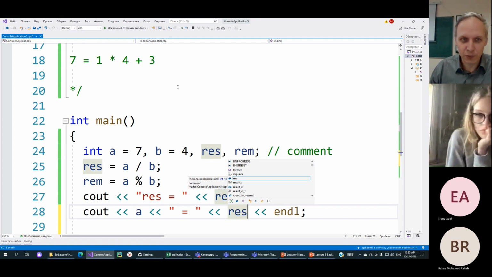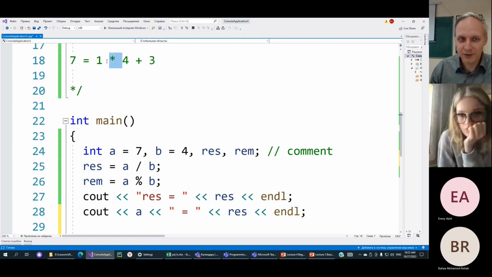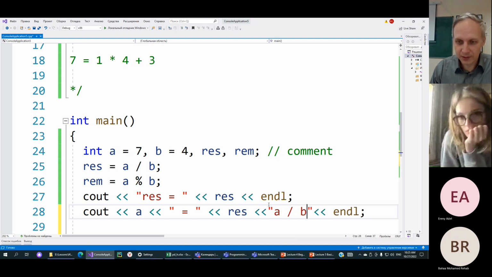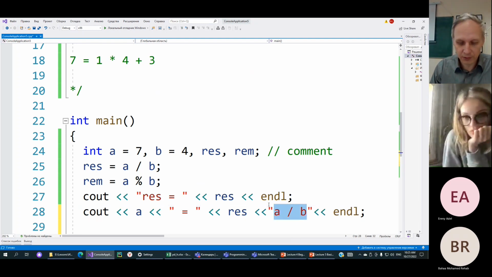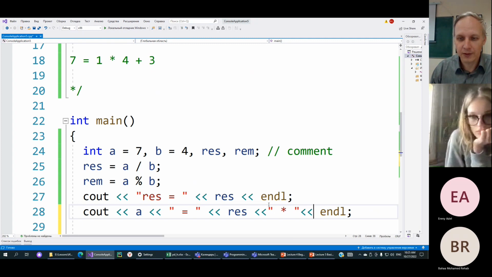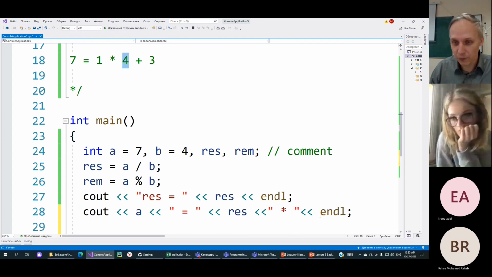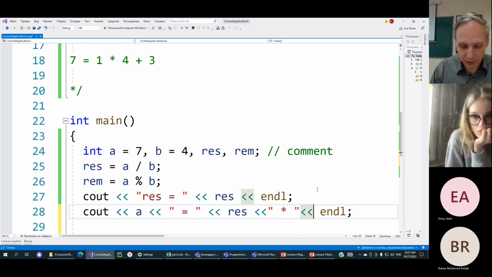After that, I want to see star, right? I output star on the screen. Next, no, 4. Right, 4. B, right.